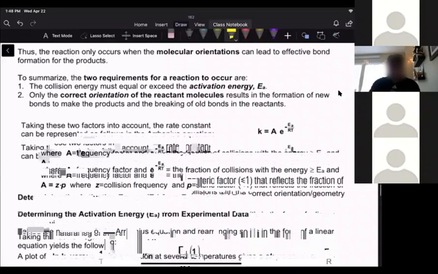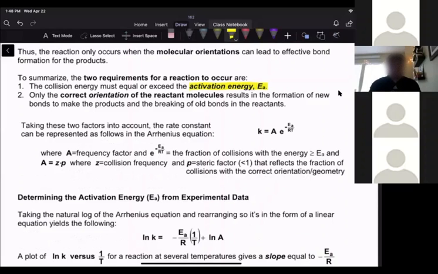So here are those two requirements that I started with. They have to have enough energy to reach your activation energy, and they have to have the correct orientation. And so that is A, that's our frequency factor.